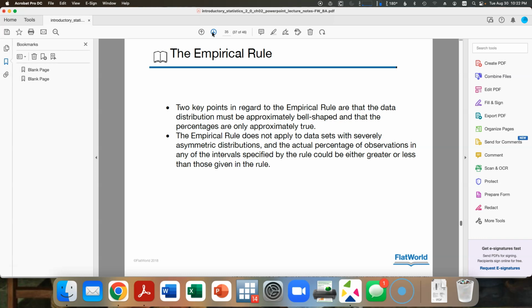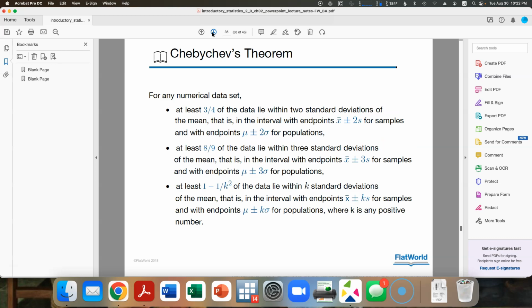So with the empirical rule, it is essential that the data be relatively normally distributed, meaning that we have a normal bell-shaped distribution of the data with respect to frequency. It does not work when the data is asymmetrically distributed, meaning that we have multiple peaks or it's skewed to the left or the right. So we need a normal distribution.